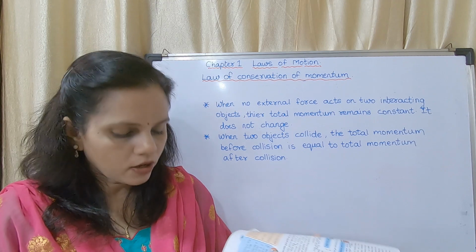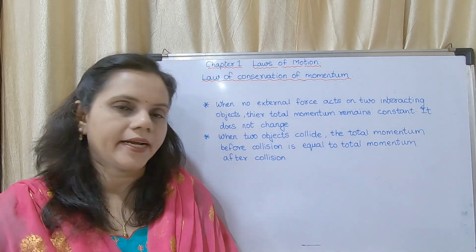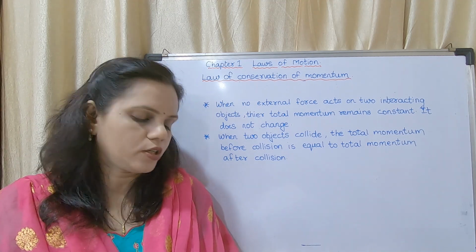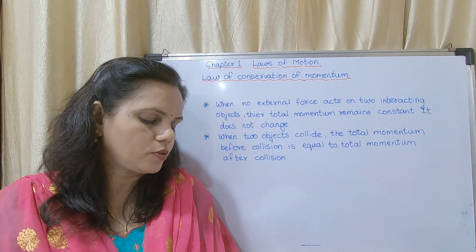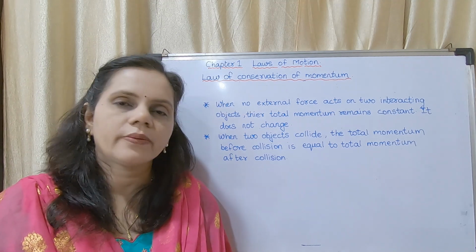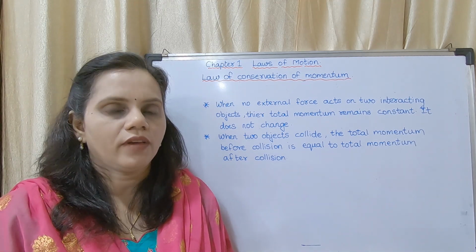Now you may see on page number 15 there is an equation for that at the end. In that case, m1 v1 plus m2 v2 is equal to 0, or v2 is equal to minus of m1 by m2 into v1. The question asked from there is only what is recoil velocity.